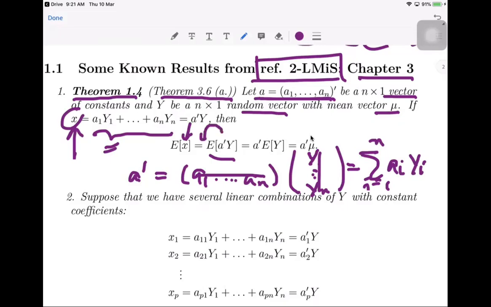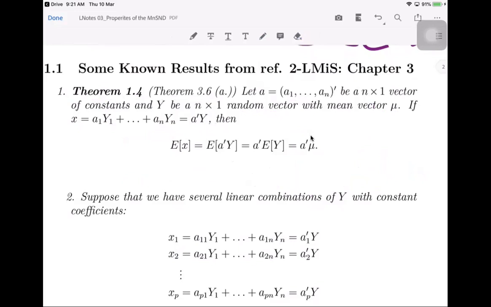Since that is just a constant, you can take it out of the expectation and just get the expectation of y. But by notation, expectation of y is mu. So the expectation of x, where x is a prime y, is just equal to a prime mu. Okay. Next.